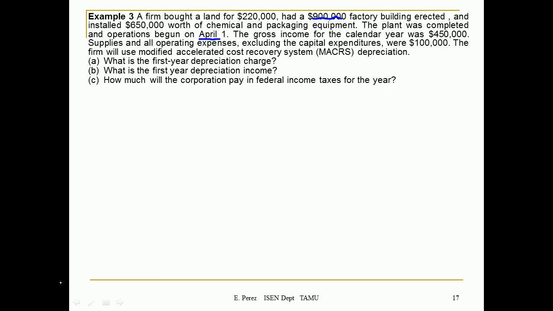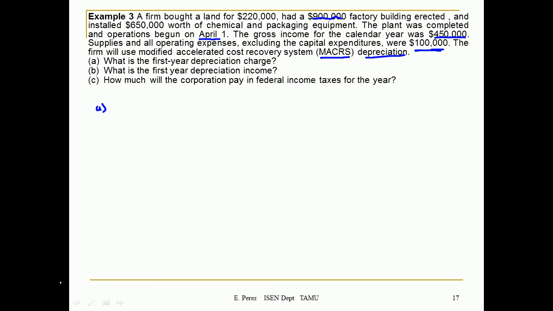Supplies and all operating expenses, excluding the capital expenditure, were $100,000. And the firm will use modified accelerated cost recovery system depreciation. So the first question is, what is the first year depreciation charge? So let's work with that.